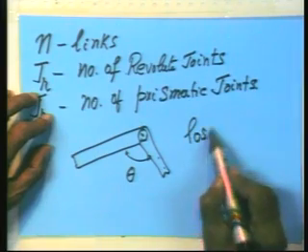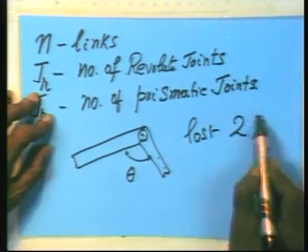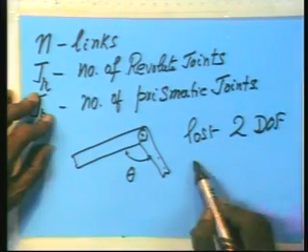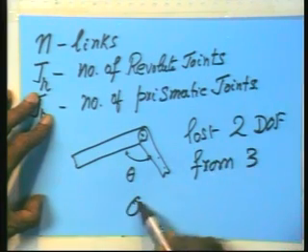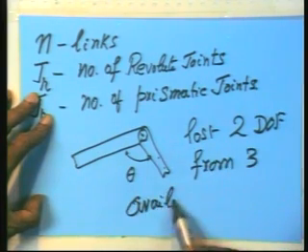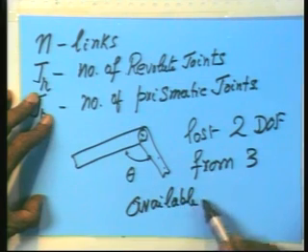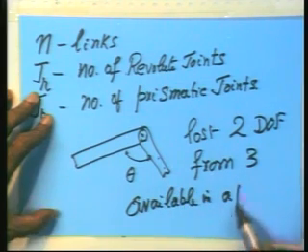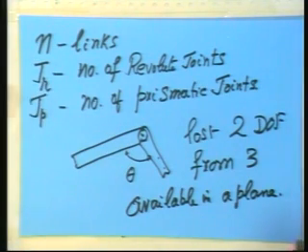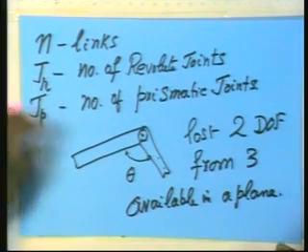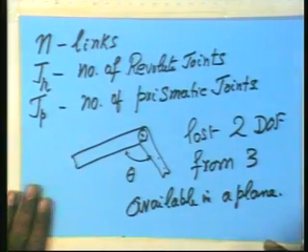Lost from 3 available, in a plane. That is when I put a revolute joint. Same logic applies to the prismatic joints also. You lose 2 degrees of freedom from a prismatic joint. When I fix this link to another link, how many degrees of freedom do I lose?